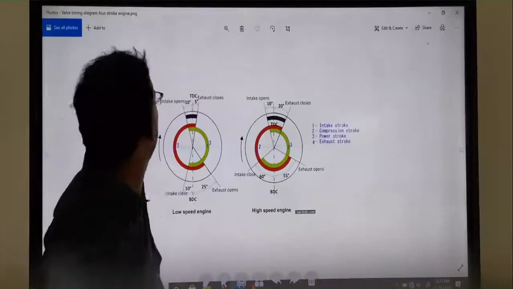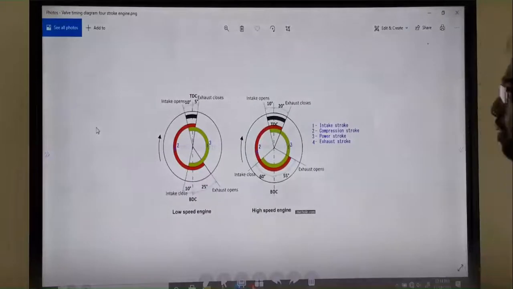So this is the valve timing diagram for a four-stroke engine.